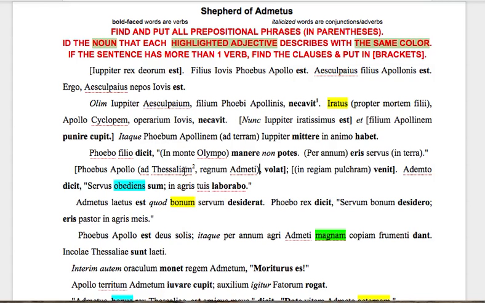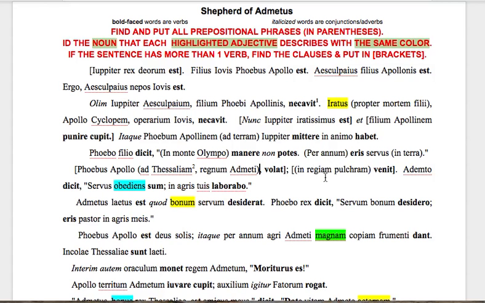To Thessaly, which is the kingdom of Admetus. When I look at the next clause, I see that except for the verb, it's all a prepositional phrase. When I look on the vocabulary list, I notice that venit can be translated as he comes, and then we translate the prepositional phrase into a beautiful palace.